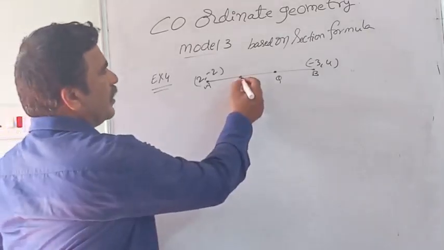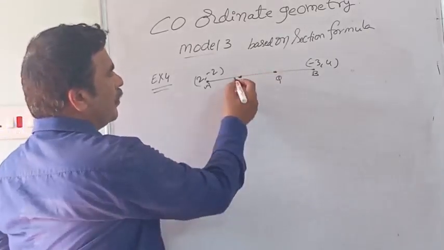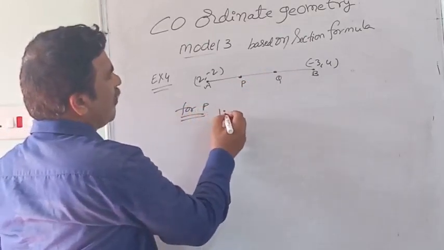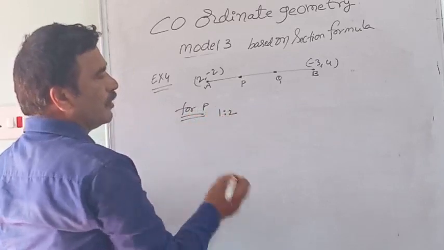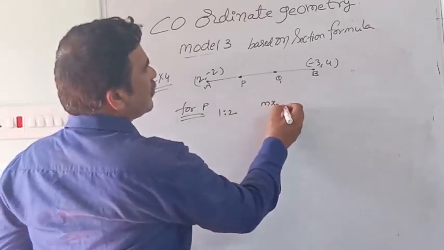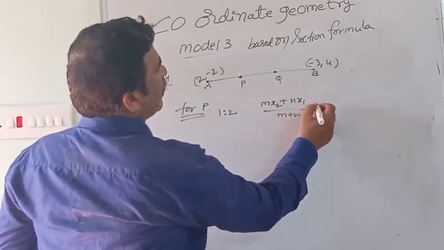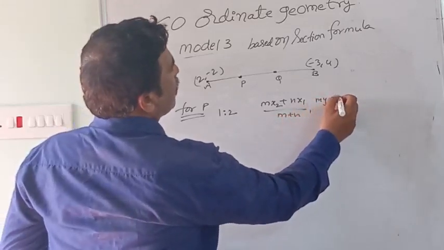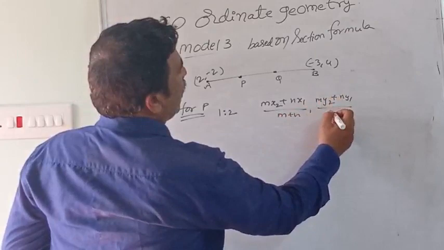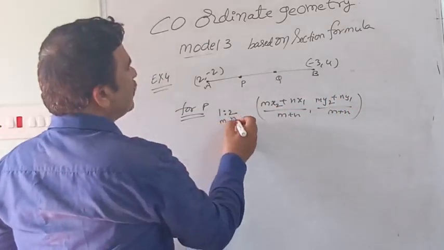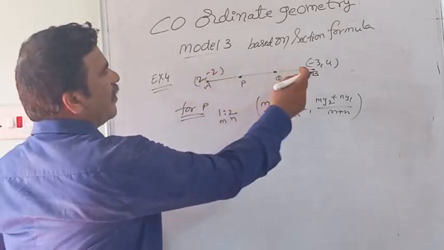Points of trisection here assume as P and Q. See, for finding P, take ratio as 1:2. Use the formula mx2 plus nx1 by m plus n, my2 plus ny1 by m plus n. Just you can use the formula. This is m, this is n, x1, y1, x2, y2.